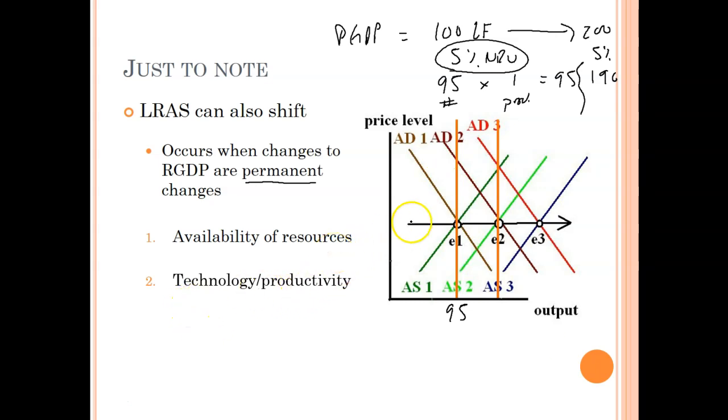Change the technology, change the productivity. If productivity changes to 2 times, well, now they can produce twice as much, still at full employment. Or policy incentives. The government's regulation can change. And if it's a permanent change, either an increase or decrease, think taxes and available resources, that can shift it also.